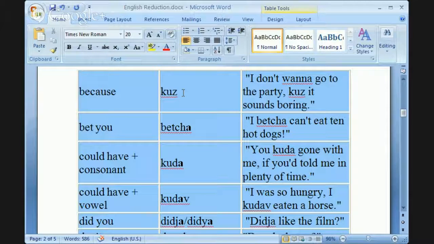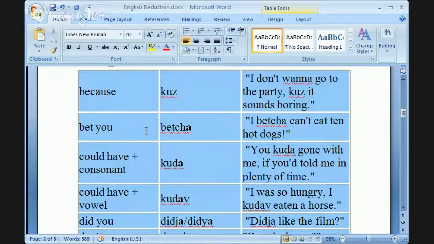There you go. On the second attempt, you reduced it. The first time you used the full pronunciation, because. Second time you said cuz. Excellent. My mom would say, "Cause I said so." That's why. Very common phrase.